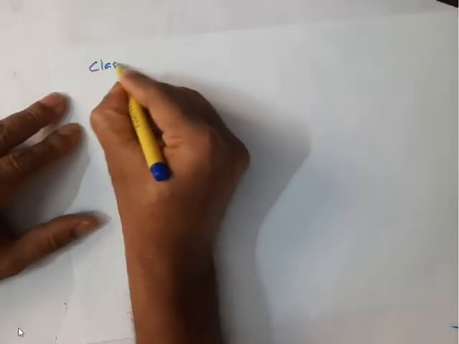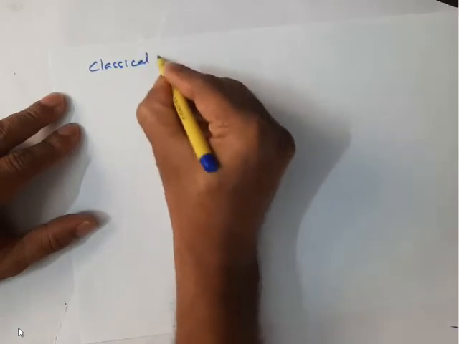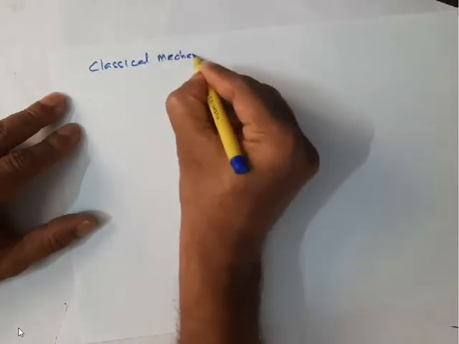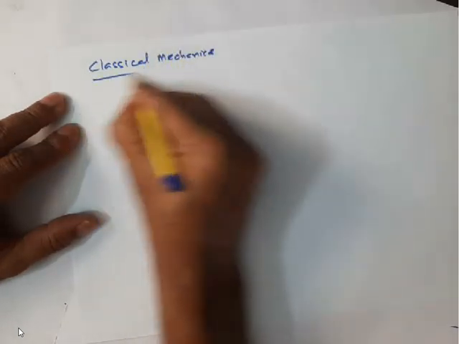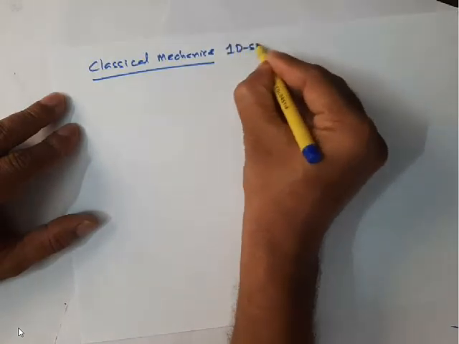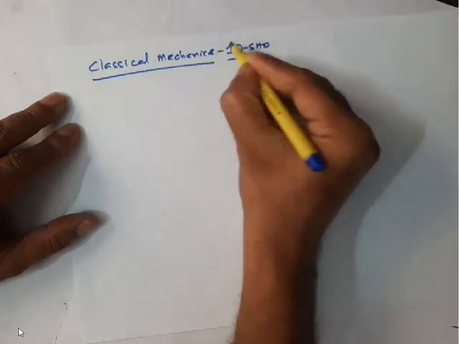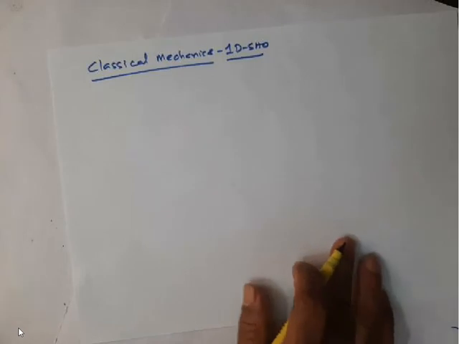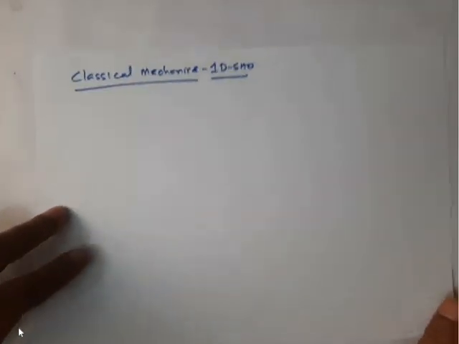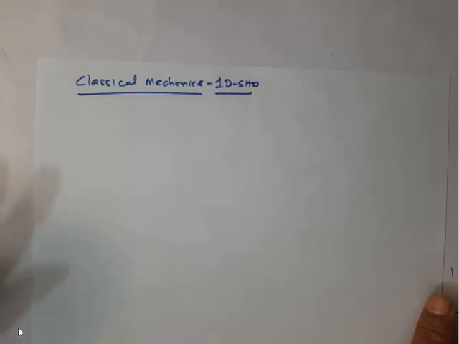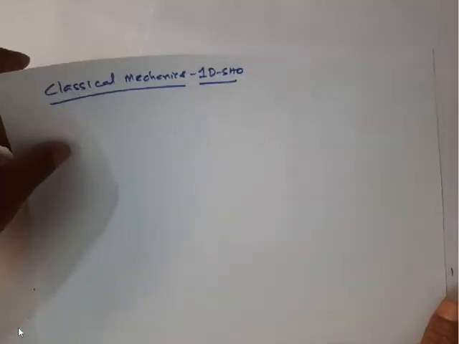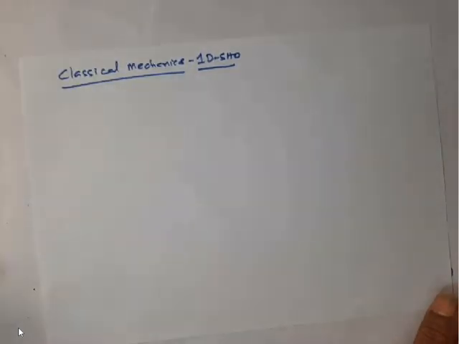I'll apply classical mechanics to this one-dimensional simple harmonic oscillator, and we'll get the expression for energy, and we'll see whether energy is continuous or whether there is any discreteness present in the energy.